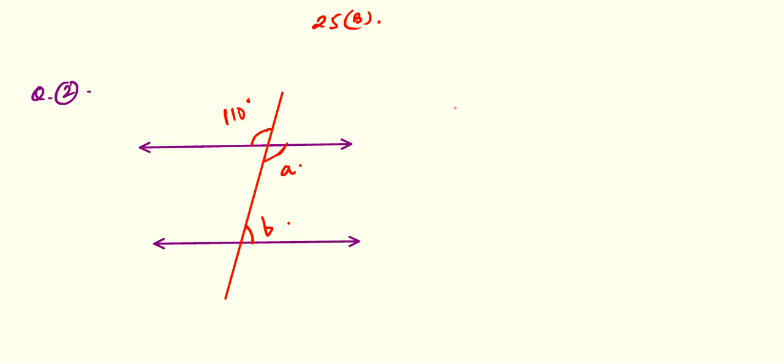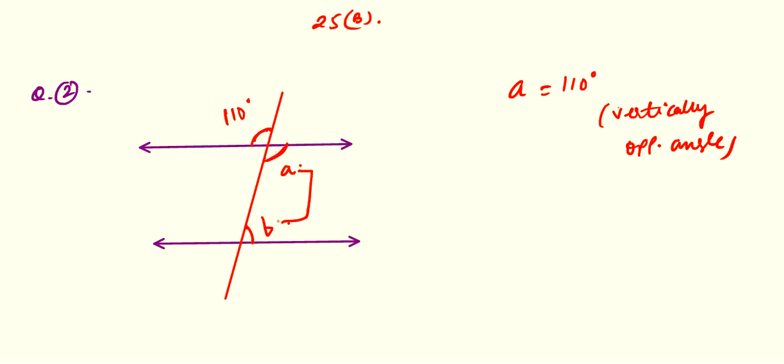But before that, this 110 and A are having a relation. Simply A will be equals to 110 degree. The reason is vertically opposite angle. Clear? Then further, this A and B both are co-interior angles, and as you know, sum of co-interior angles equals to 180 degree.